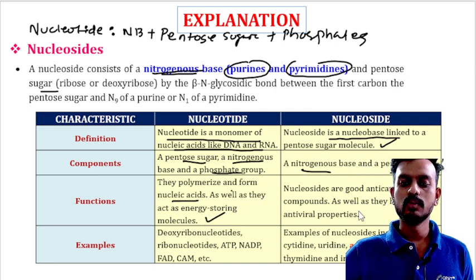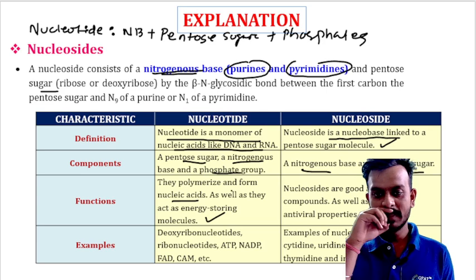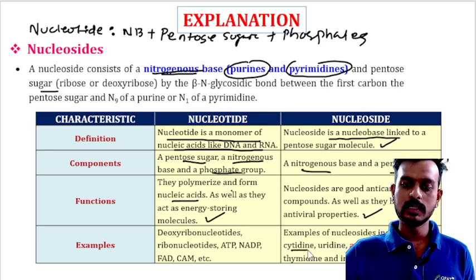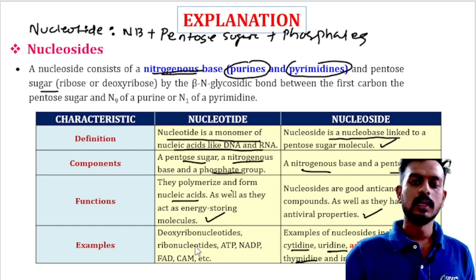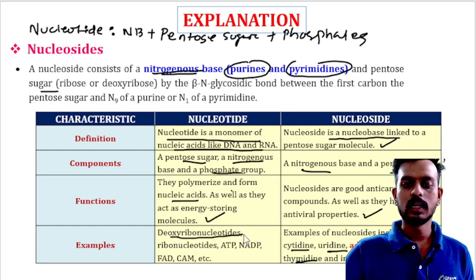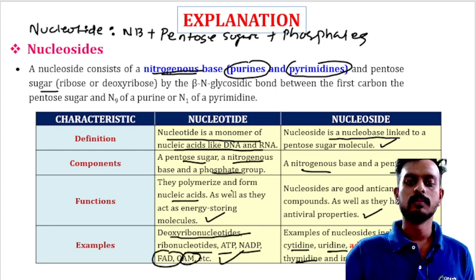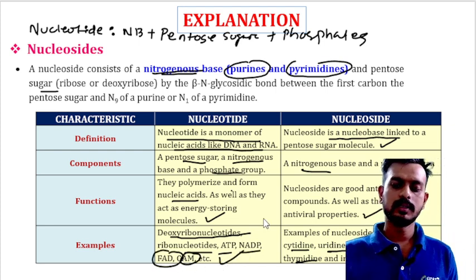Nucleosides are good anti-cancer compounds, and they have antiviral properties. Examples of nucleosides are cytidine, uridine, adenosine, guanosine, thymidine and inosine, whereas nucleotide examples are deoxyribonucleotide, ribonucleotide, ATP, NADP, FAD and CAM. Okay, so moving to the next question.